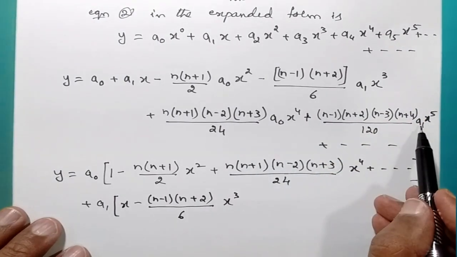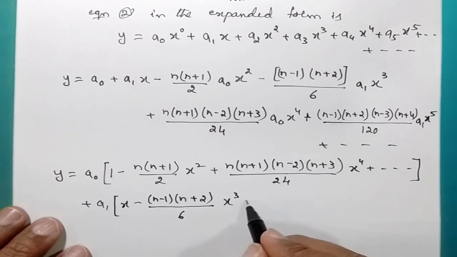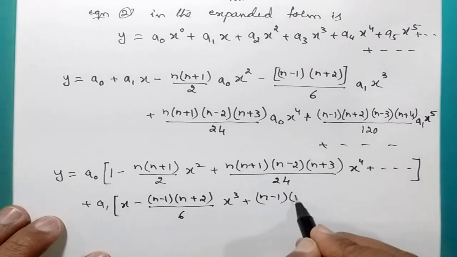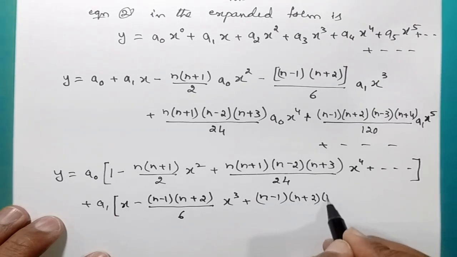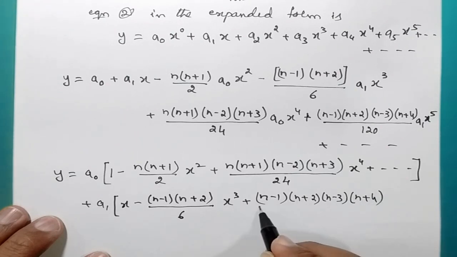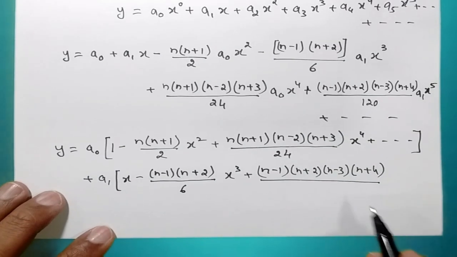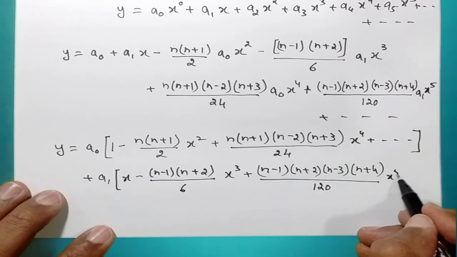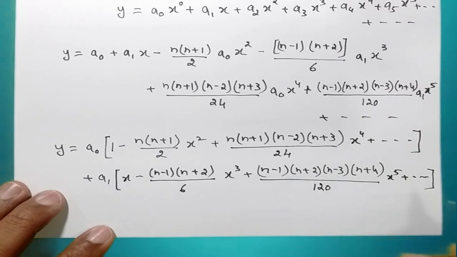This is next here, the a1 term. So plus (n minus 1)(n plus 2)(n minus 3)(n plus 4) divided by 120 times x power of 5 and the remaining terms.